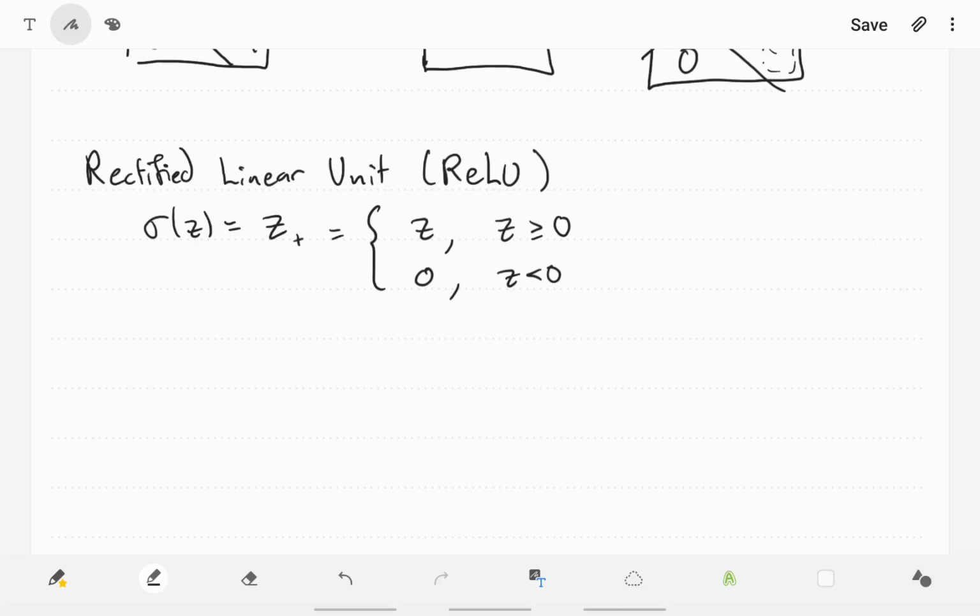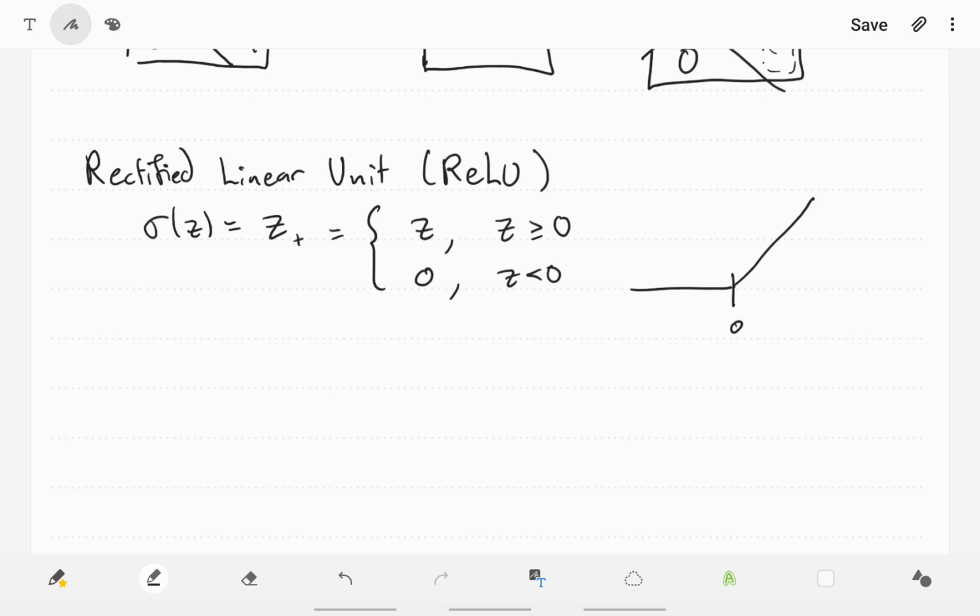Right. And so there's a couple of things about this. Of course, it just looks like this, where this is 0. It doesn't have a continuous derivative, but it is convex and it does have a subgradient.